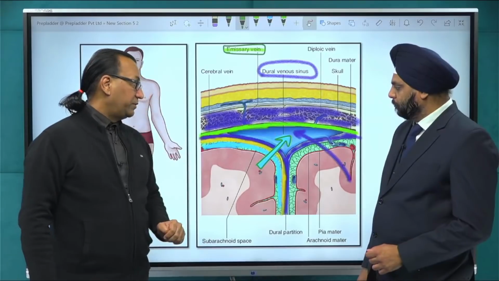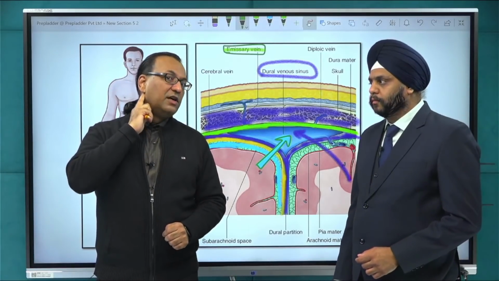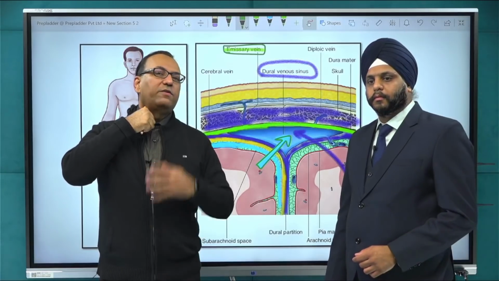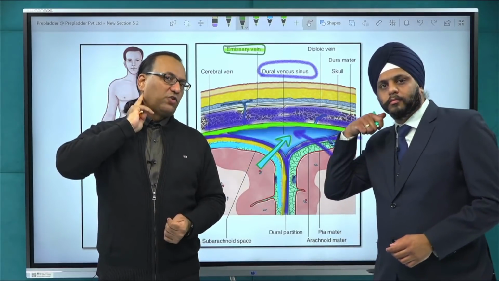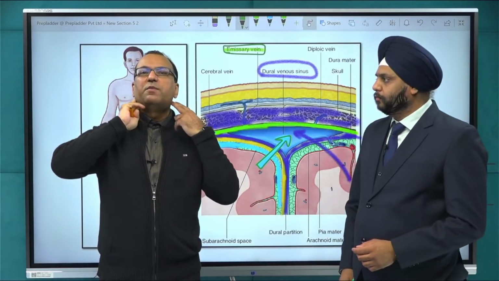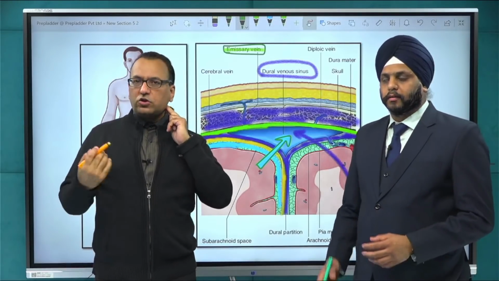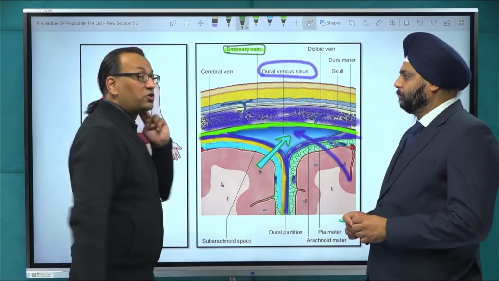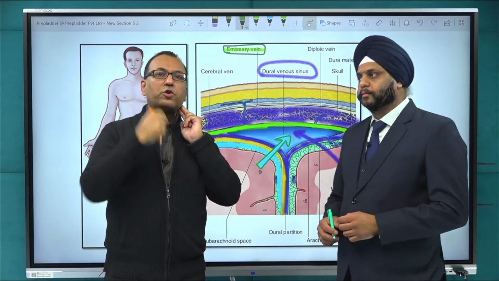It has importance because in sigmoid sinus thrombus, say one side is already thrombosed, and the other normal side you are compressing the internal jugular vein. You are basically blocking the venous drainage, and not only the venous drainage, you are raising the CSF pressure also. So how will it present? There are some signs I will be telling you, like papilledema could be there.